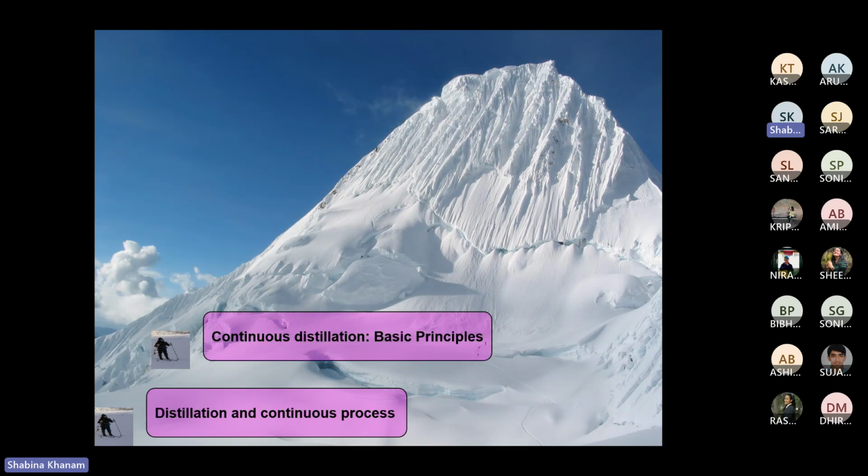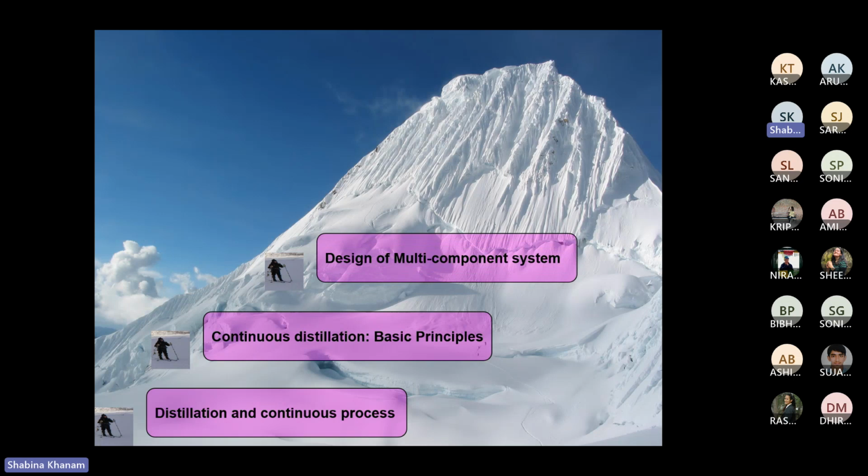Then we will discuss continuous distillation, the basic principles, the governing equations and how they are considered, in a brief way, not in a very detailed way, assuming you know all this already.